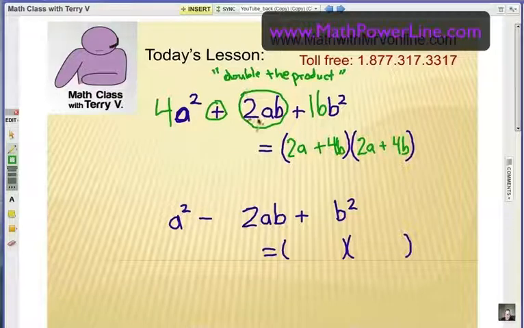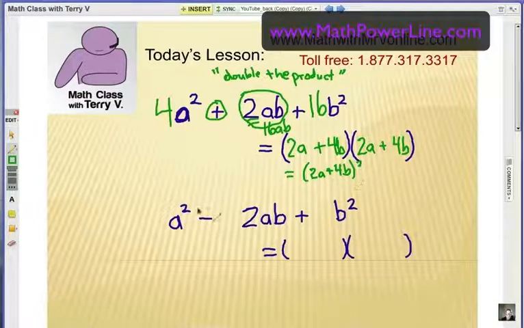That's what that 2 means. If I double 8ab, that would be 16ab. So if I had 4a squared plus 16ab plus 16b squared, then I could factor it like that. And the final answer would be 2a plus 4b, that whole thing squared.